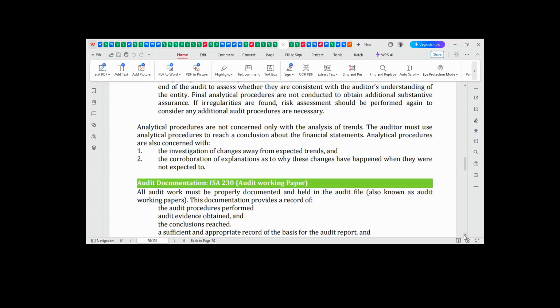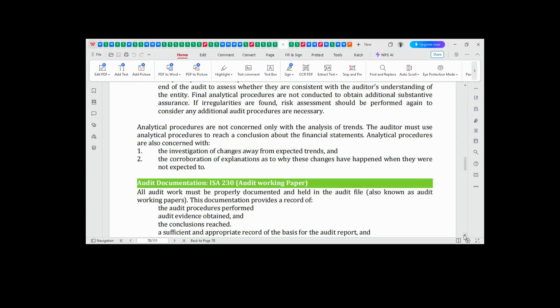Also, in all the documentation, all the tests that have been performed, because in gathering audit evidence you are going to perform tests of controls, tests of transactions, substantive procedures, the results of these tests will be contained in the audit working paper. Then it also gives you, from the procedures performed, the conclusions arrived at by the auditor, and how we arrive at those conclusions.